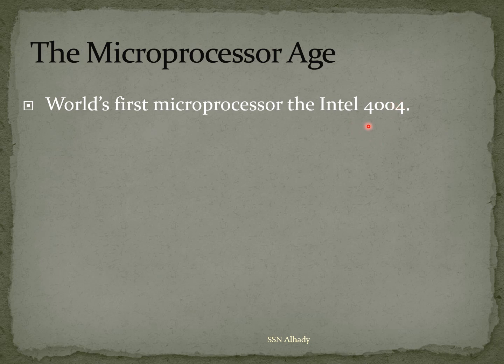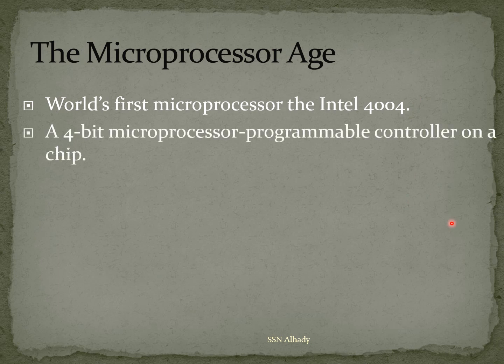For example, the 4004 is a 4-bit processor, which only has a 4-bit data line. A 4-bit microprocessor means this number refers to the data line.